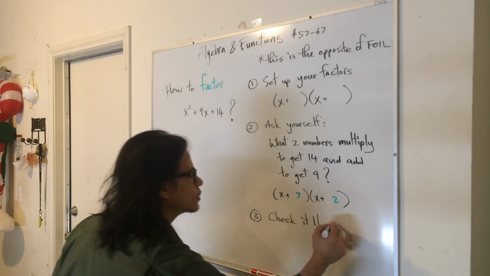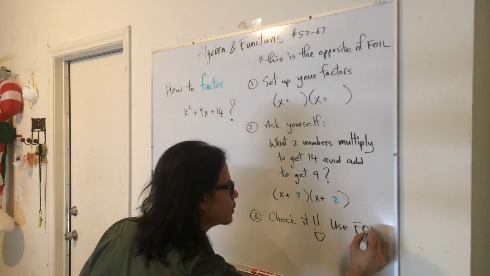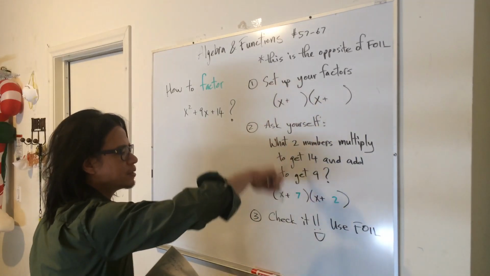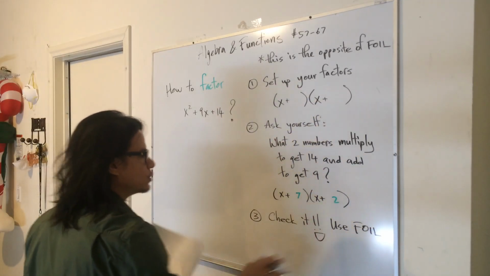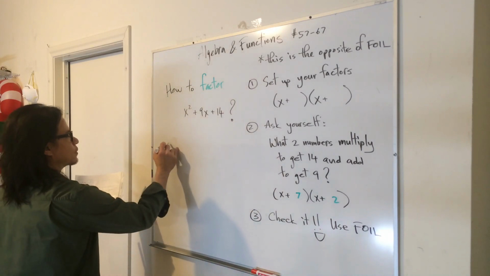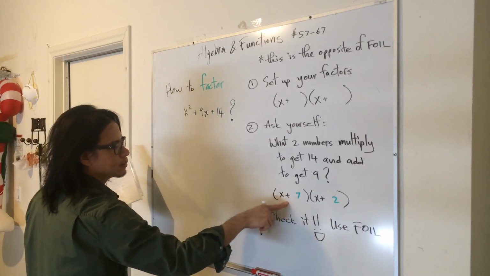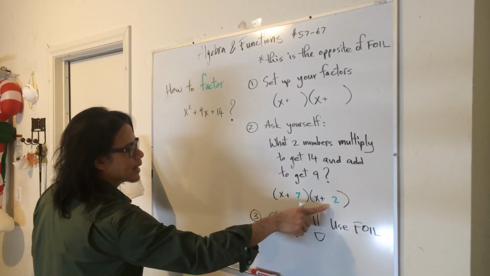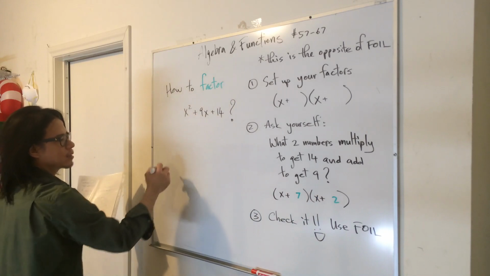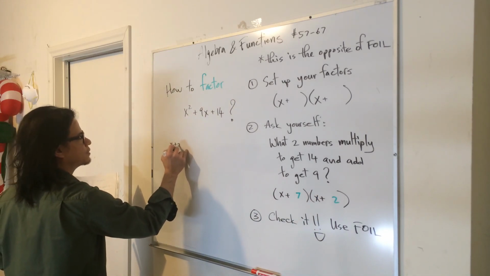To do that, we're going to use FOIL. Remember, what we did there was the opposite of FOIL, so to check, we can use FOIL. We're saying that x plus 7 times x plus 2 will give us that, right? So let's just double check.